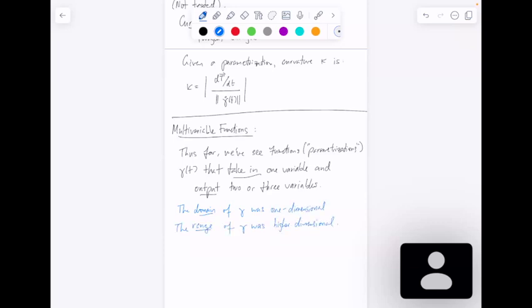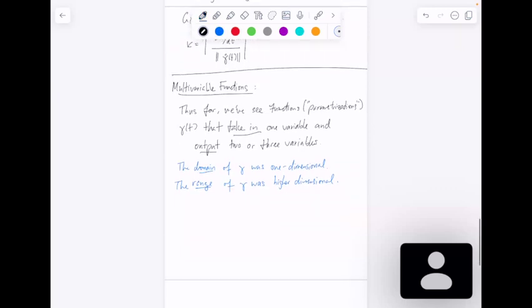And now we're going to flip this on its head, and we're going to take a look at functions. We're going to do derivatives of these functions that take in several variables and only have a range of one variable. So now focus on f with domain in R2 or R3 or higher and range in R. All right, so they take in several variables and they spit out one.